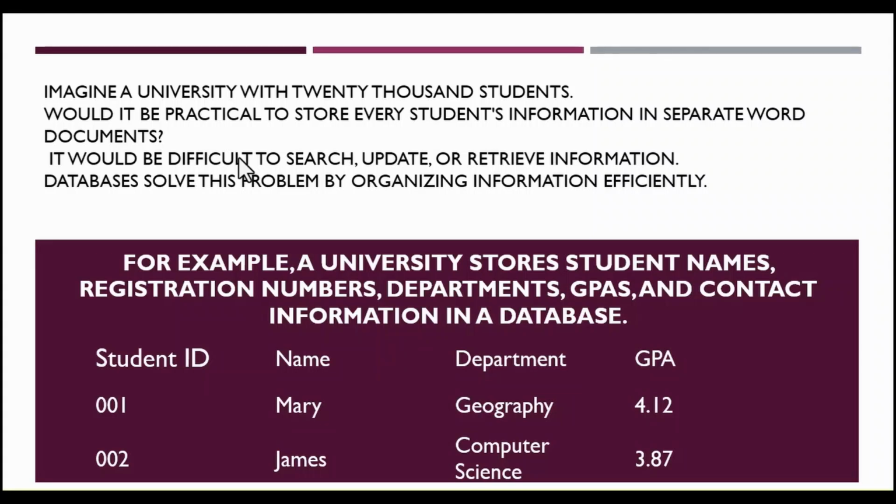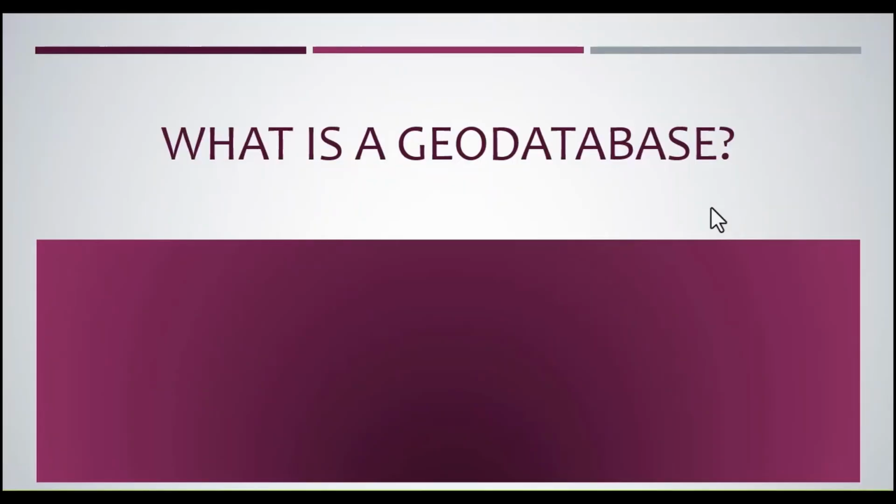For example, a university stores student names, registration numbers, department, GPA, and contact information in a database, which we have here: Mary, James, their department, and their CGPA, which we already saw on the previous slide. So these are things that a database does.